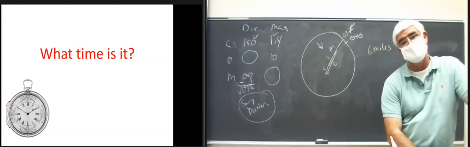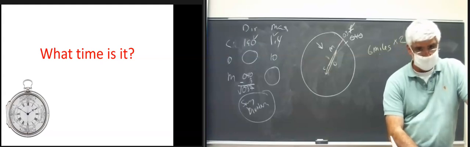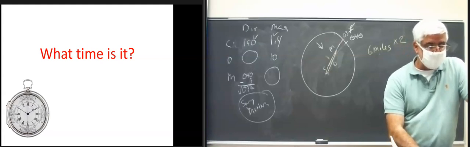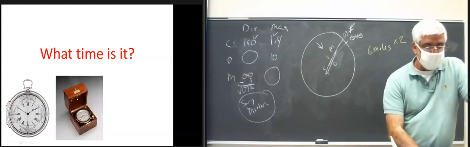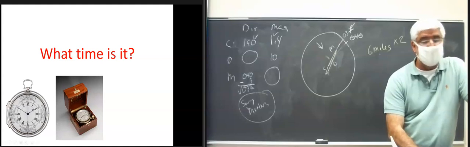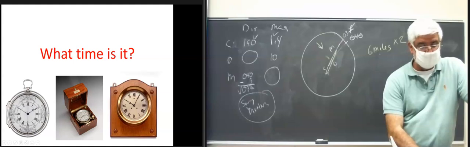There weren't too many digital clocks. They were all analog clocks, all right? So that's a little chronometer. This is another, a pocket watch or a stopwatch. This might be a ship's chronometer protected inside a box. That's one as well, okay?